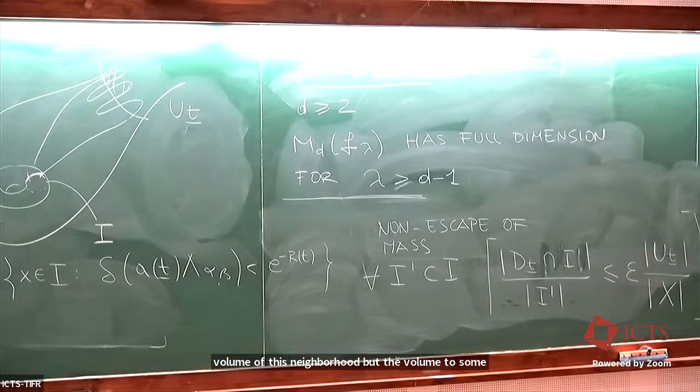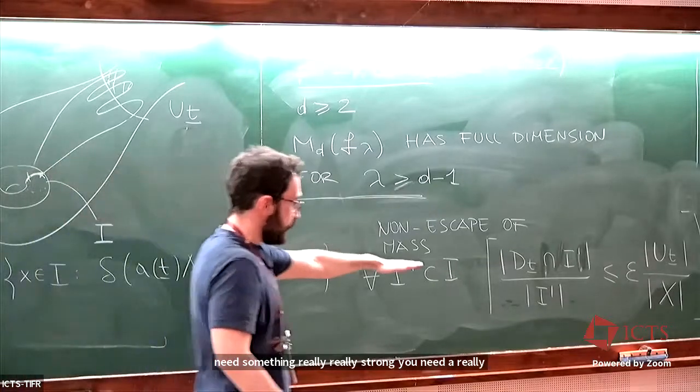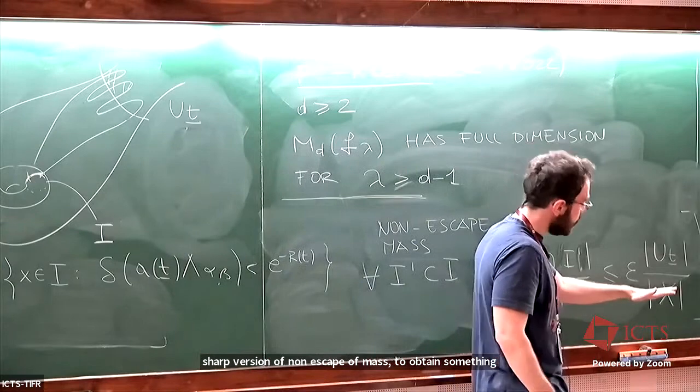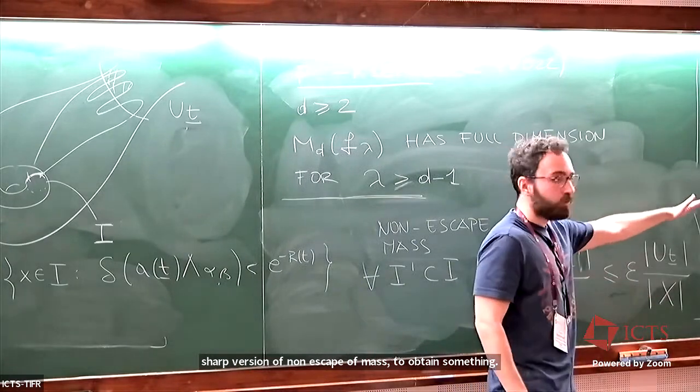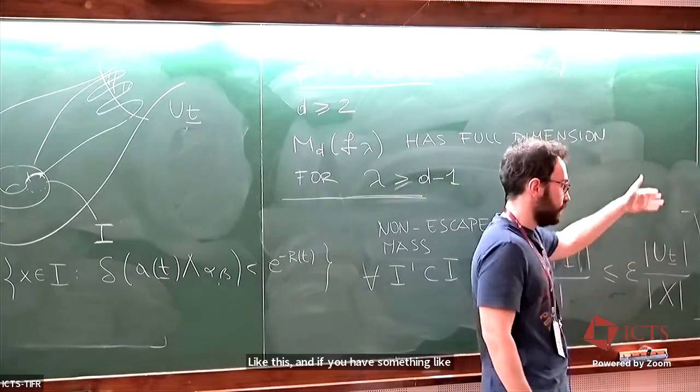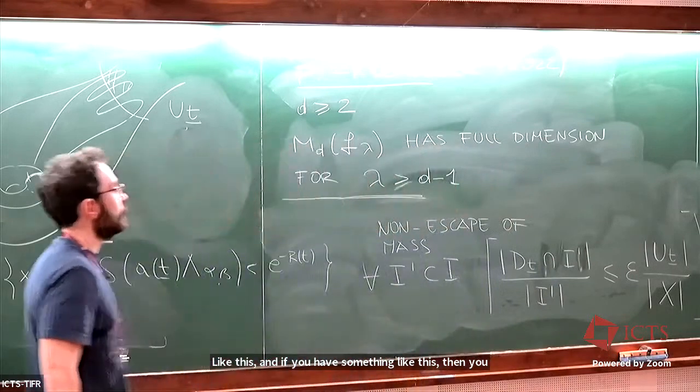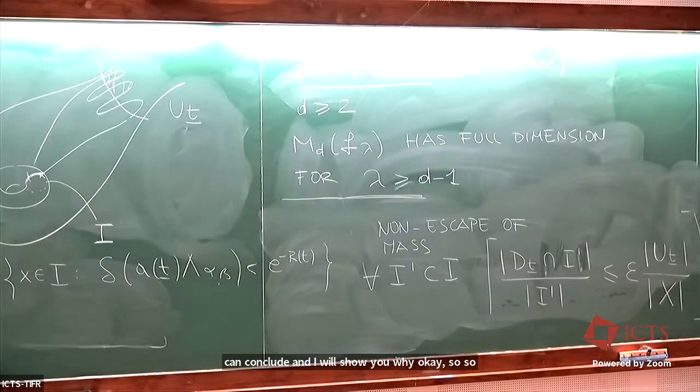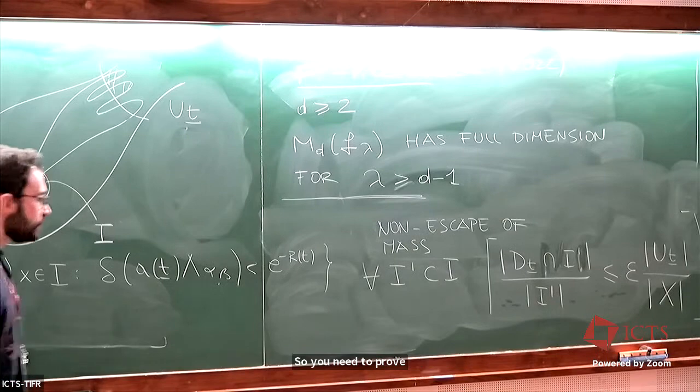So it's just slightly smaller than what you want. You need something really strong, a really sharp version of non-escape of mass to obtain something like this. And if you have it, then you can conclude, and I will show you why. So you need to prove something slightly stronger.